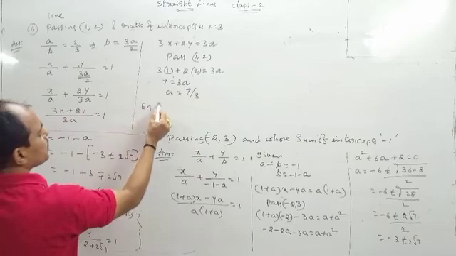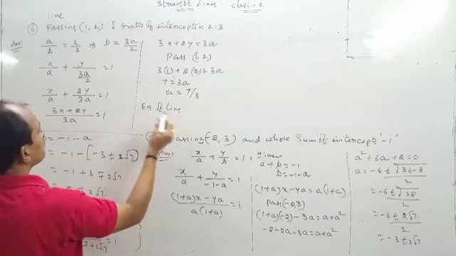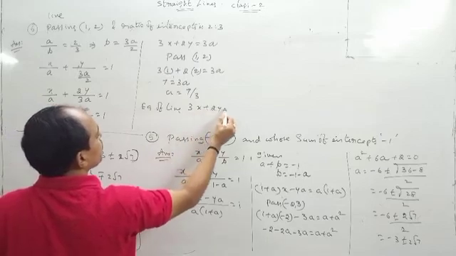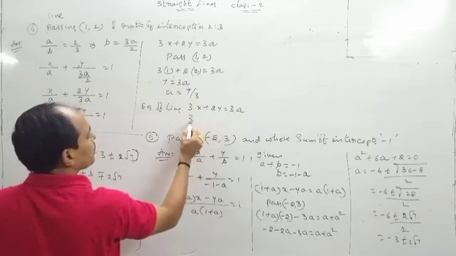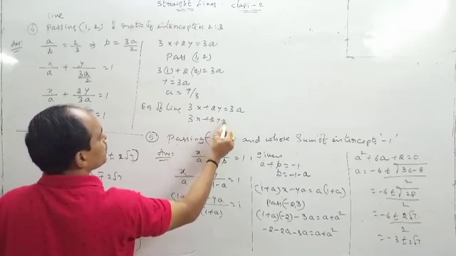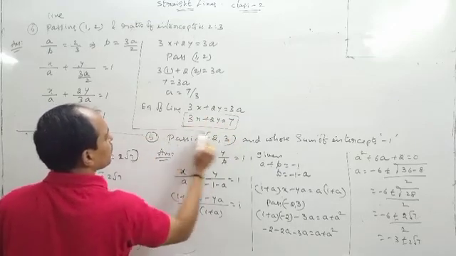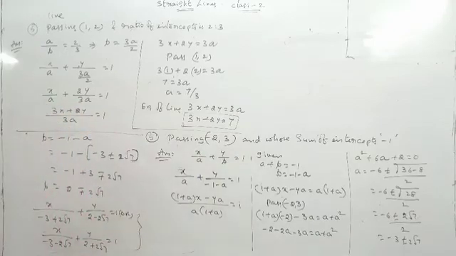Therefore the equation of line, what is the equation of line? This is the equation. 3x plus 2y is equal to 3a, means 7. So this is the equation of the line. Okay?